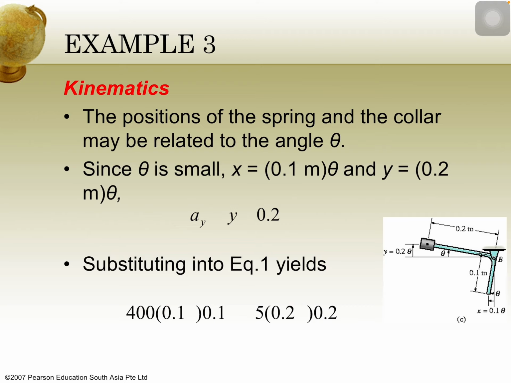Now we consider the kinematics. Kinematics means the motion of the system. The position of the spring and the collar may be related to the angle theta. So we may replace the acceleration AY with theta.